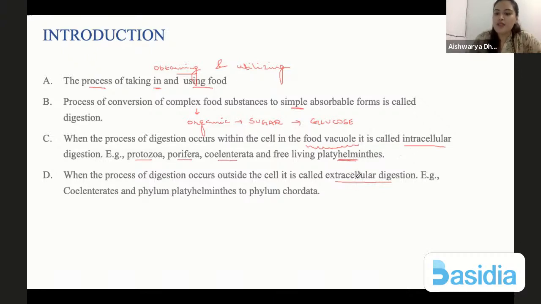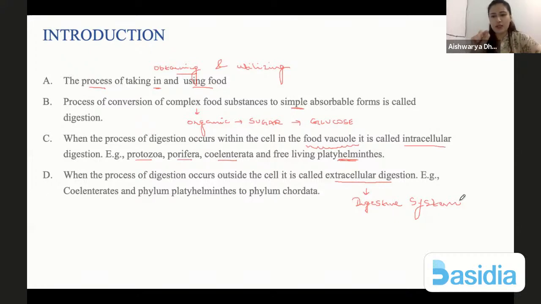Coming to extracellular digestion would be outside the cell. That means it is not just inside a particular cell, there is a digestive system. This digestive system will be responsible for undergoing the digestion.